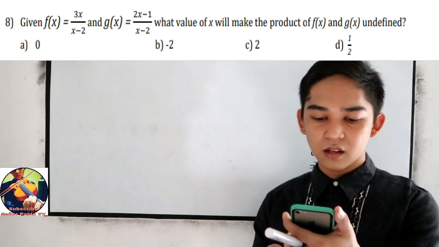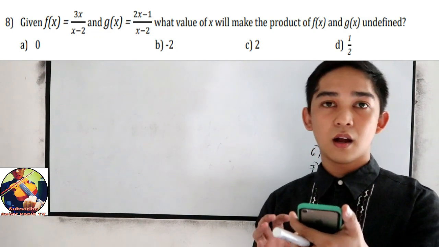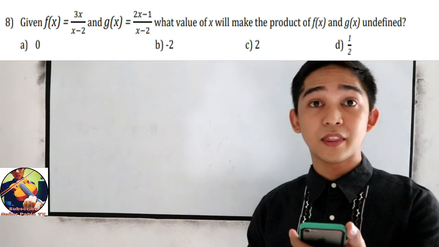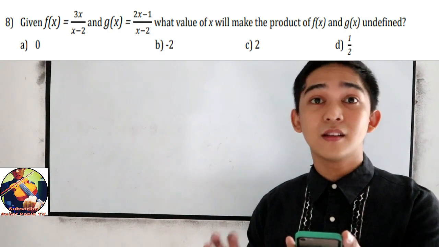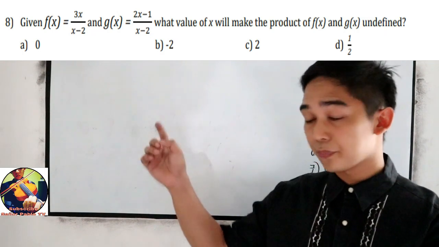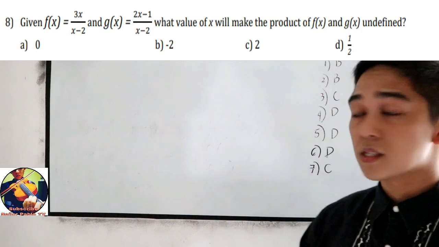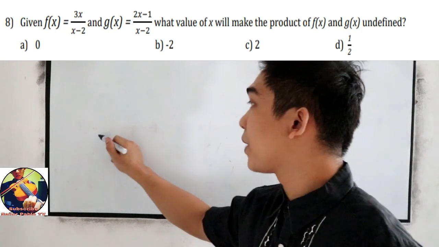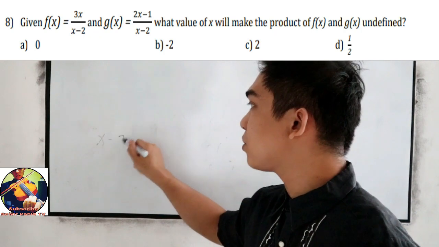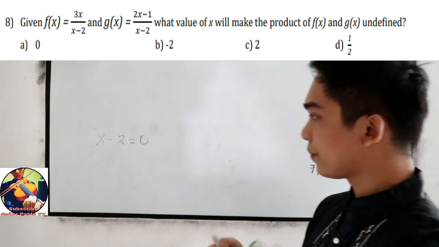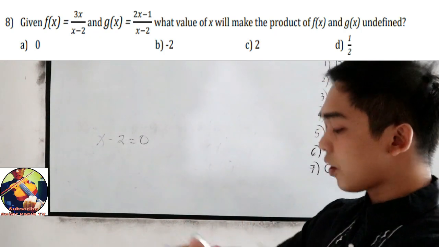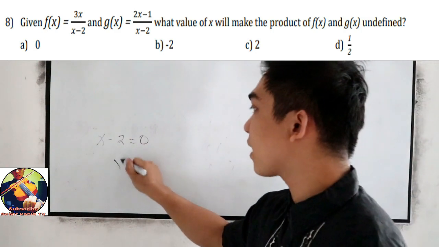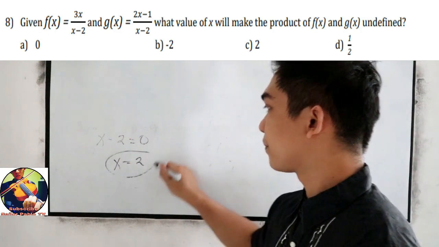So to make our function undefined, let us equate the denominator to 0. For f of x, our denominator is x minus 2. So we have x minus 2 is equal to 0. Therefore, for f of x, x is equal to 2.